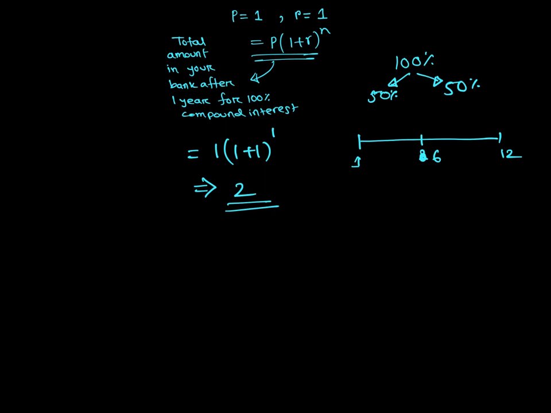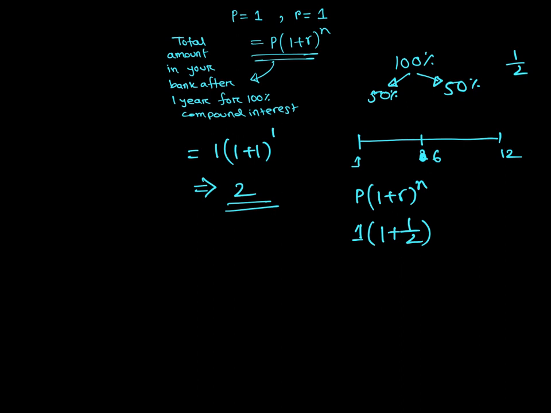So now 50% would imply that the ratio is 50 divided by 100, which is half, 1 by 2. So now the formula would change to 1 times (1 + half), right? So instead of 100%, it would be half.